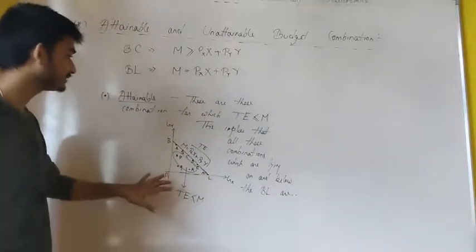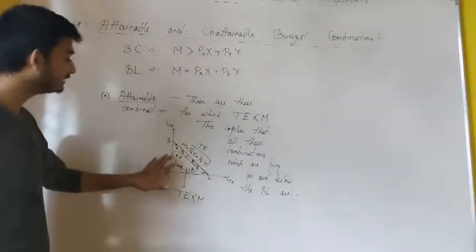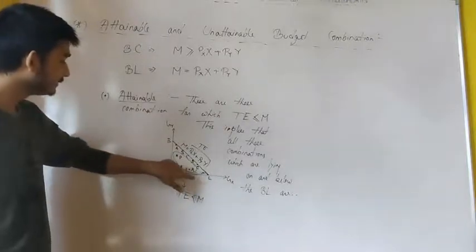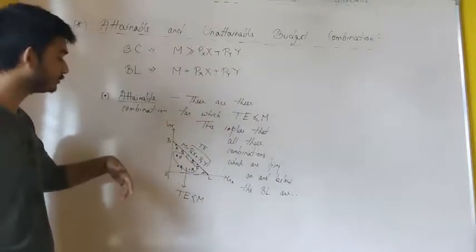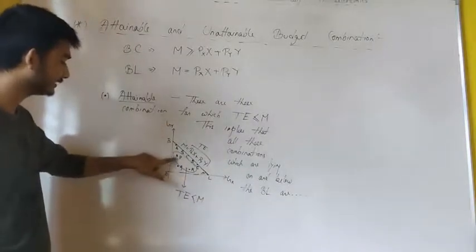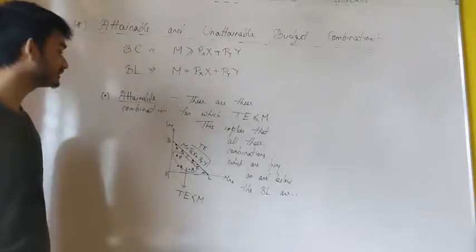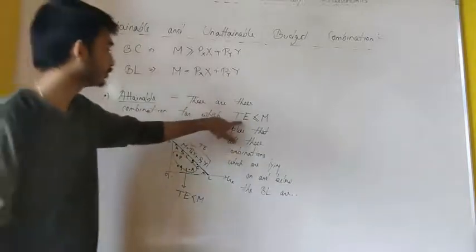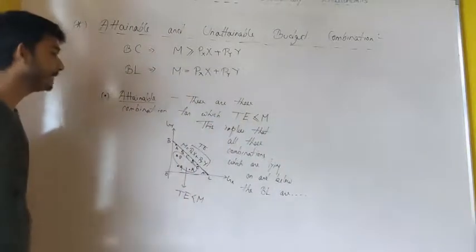All these points are attainable combinations because they are either lying on the budget line, like A, B, C, D, E, F, or lying below the budget line, like P, Q, R. So this set of combinations are my attainable combinations, for which total expenditure is either less than or equal to my money income.